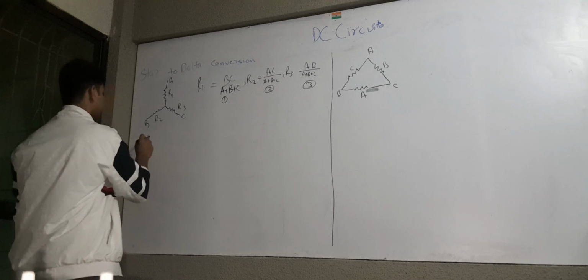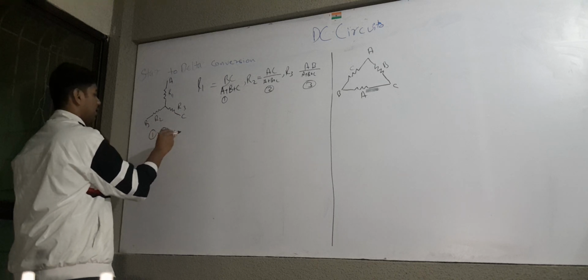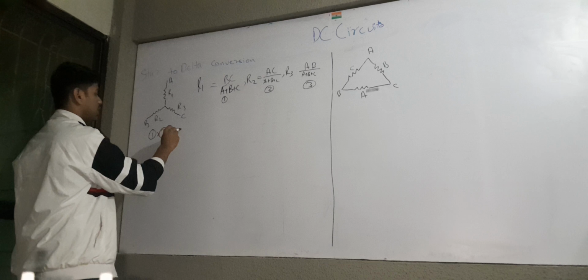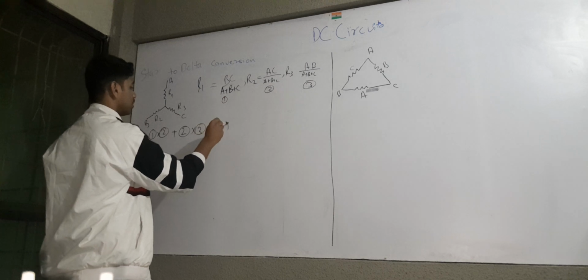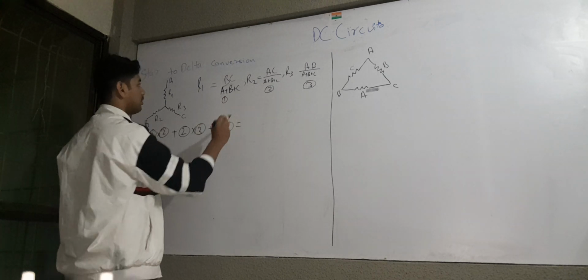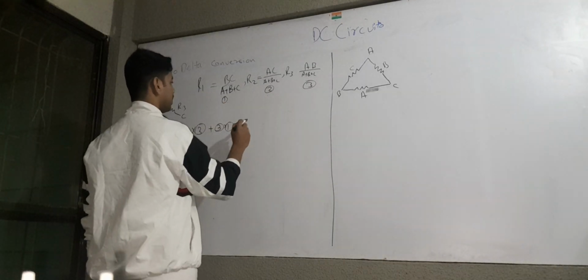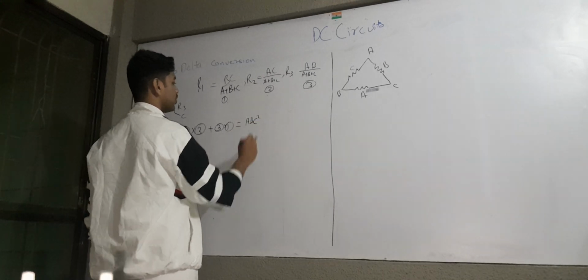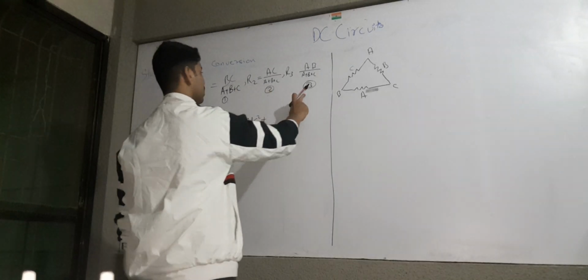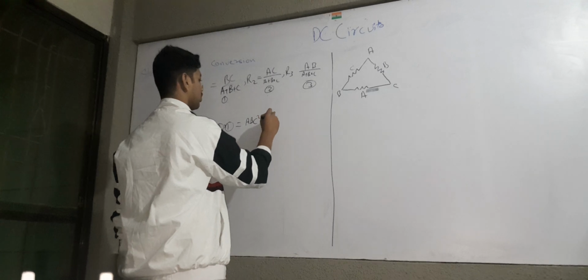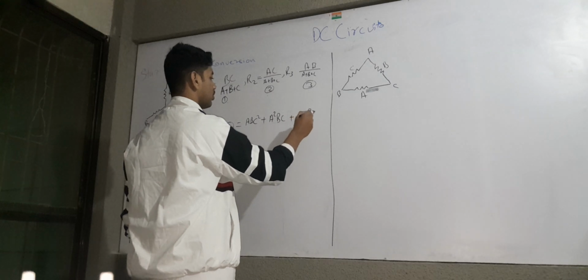So what we do here is we multiply equation 1 with 2, then add it with 2 times 3 and add it with 3 times 1, which gives us 1 times 2, which would give us a b c square, 2 times 3 would give us a square b c, and 1 times 3 would give us a b square c.